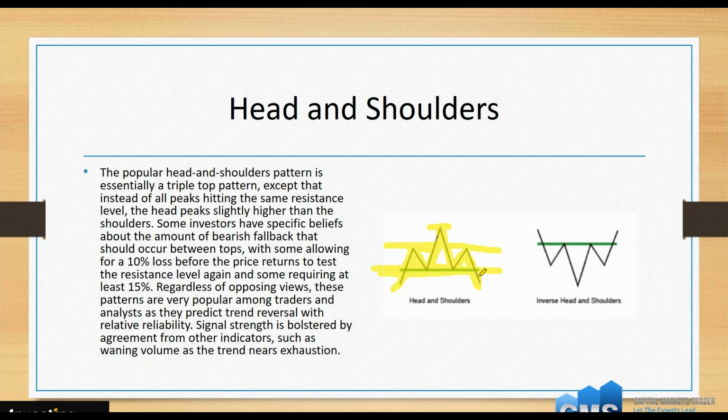And you're now going to be looking for the breakout here. Once you see the neckline established and you see price move down, now you're in a head and shoulders pattern and you're expecting it to break down and break below the neckline.